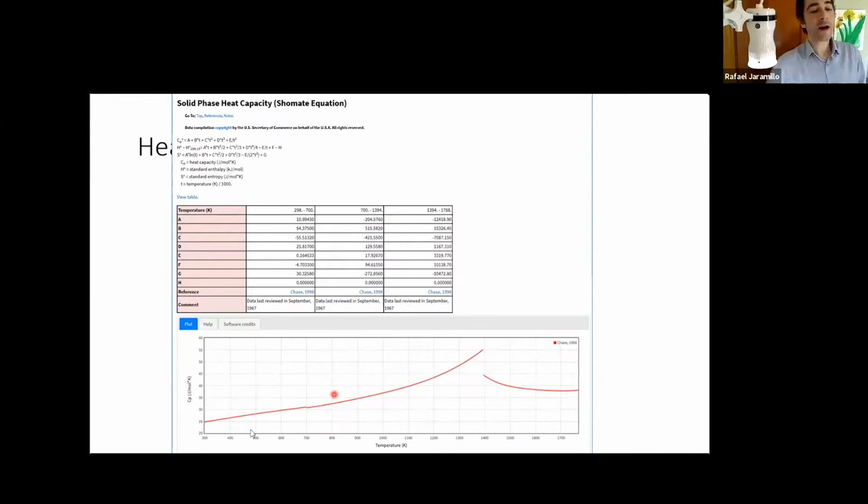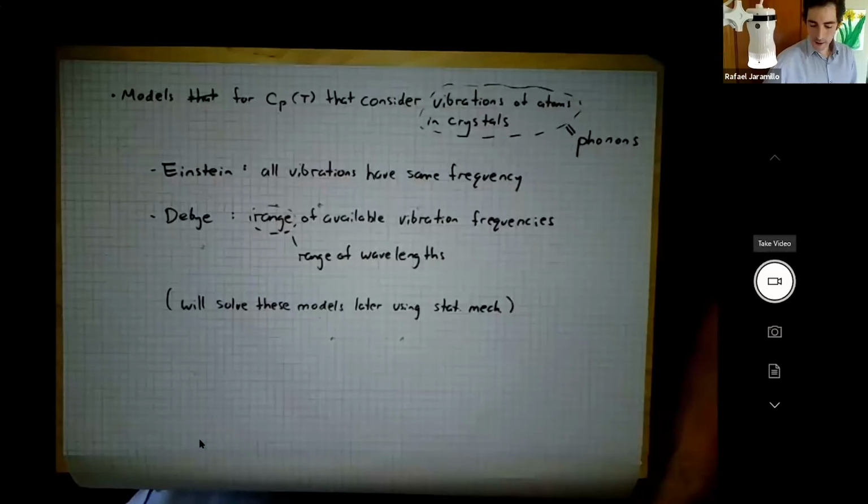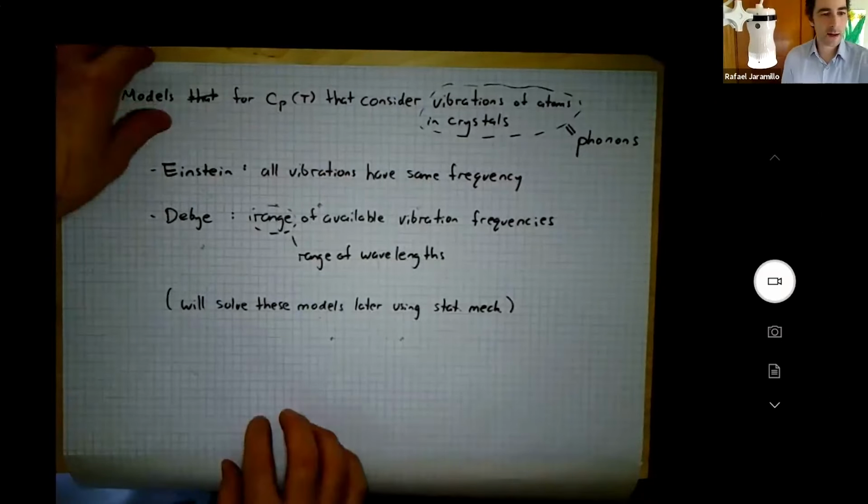Now let's talk a little bit about why this heat capacity is higher than 25. Why is it higher than those other solids? What is it about cobalt? I'll give you a hint. It's not particular to cobalt. There are other metals, there are other materials that have this feature. Anybody know what it is?